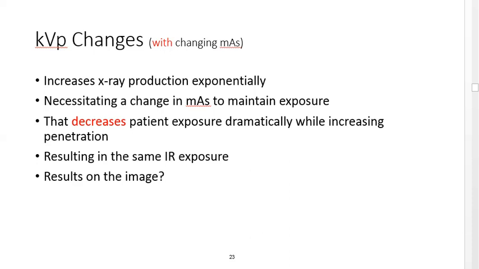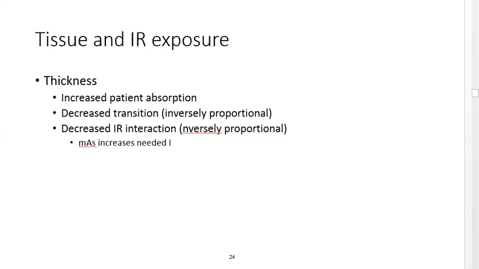So spatial resolution, contrast resolution. If we can't resolve the contrast as well, then we lose some quality on our image. So we lose contrast with increasing kVp in screen-film. In a digital world, realistically, you're not going to see a whole lot.